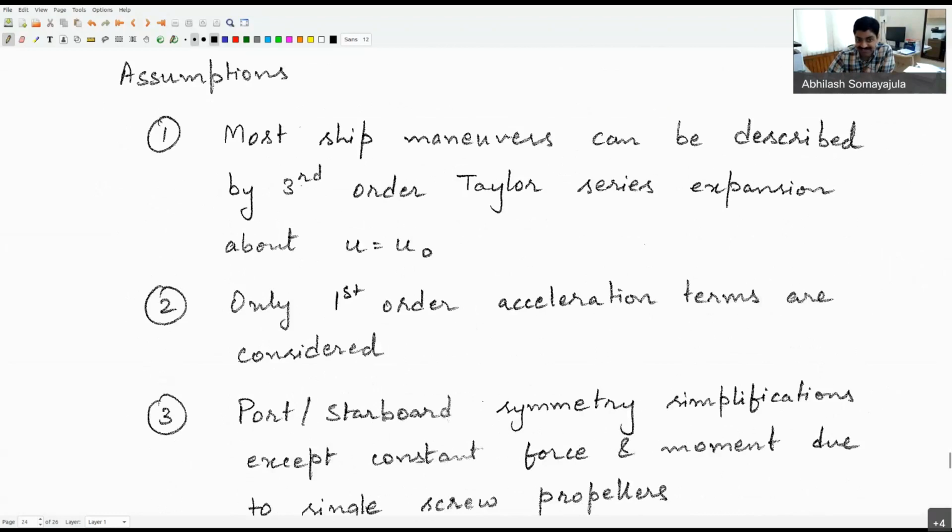Okay. The next assumption which we make is that we are only considering first order acceleration terms, which means we are not taking terms like x u dot v dot. Such terms we are not considering. We are assuming that we are only keeping the terms up to linear order in terms of the accelerations.